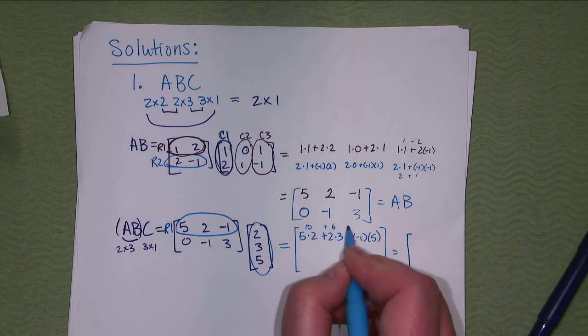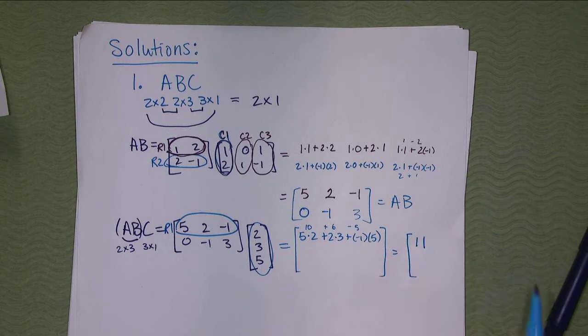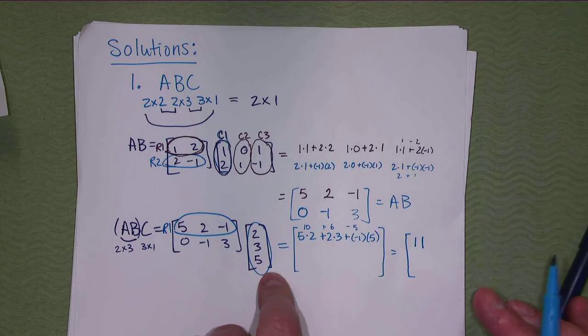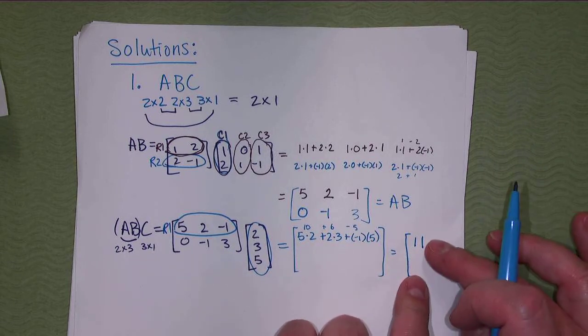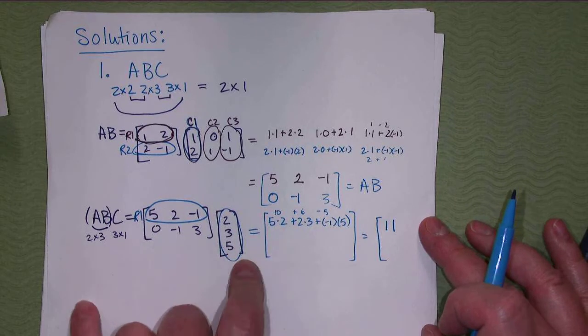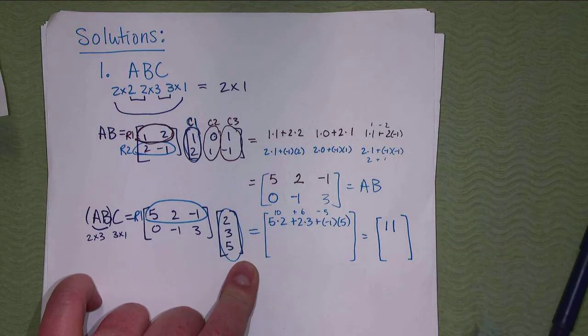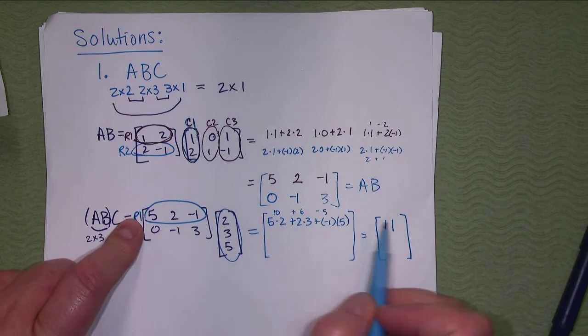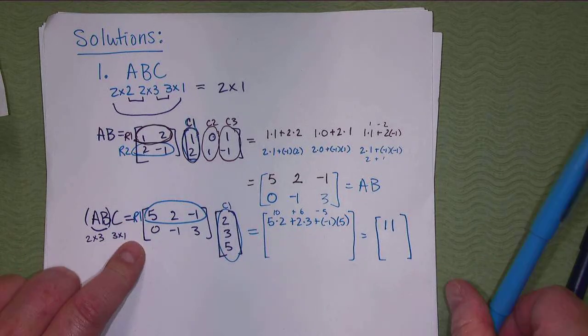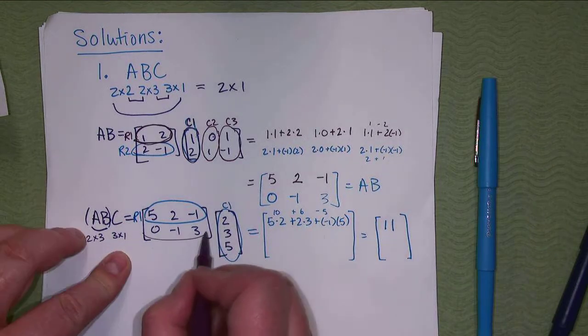Now I'm done with row 1, because there's no more columns. There's nothing else in the answer for row 1 because there was only one calculation for row 1. So it looks like that. Now row 2 will be row 2 of your answer.